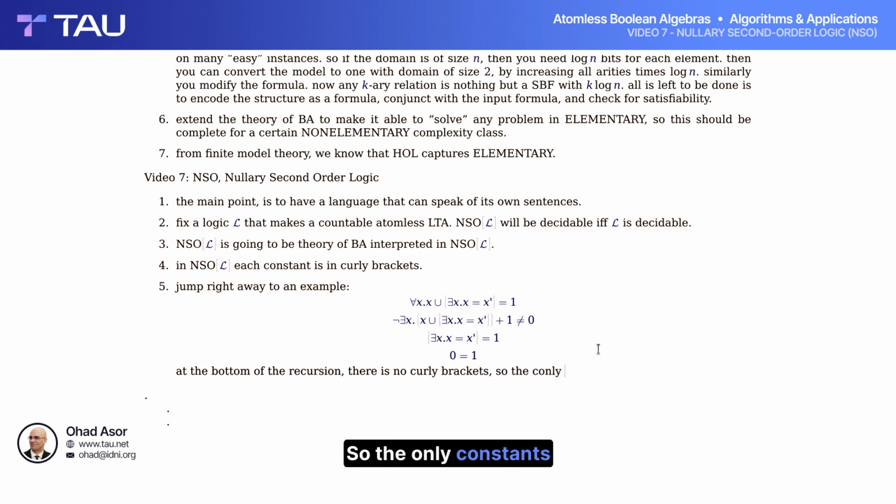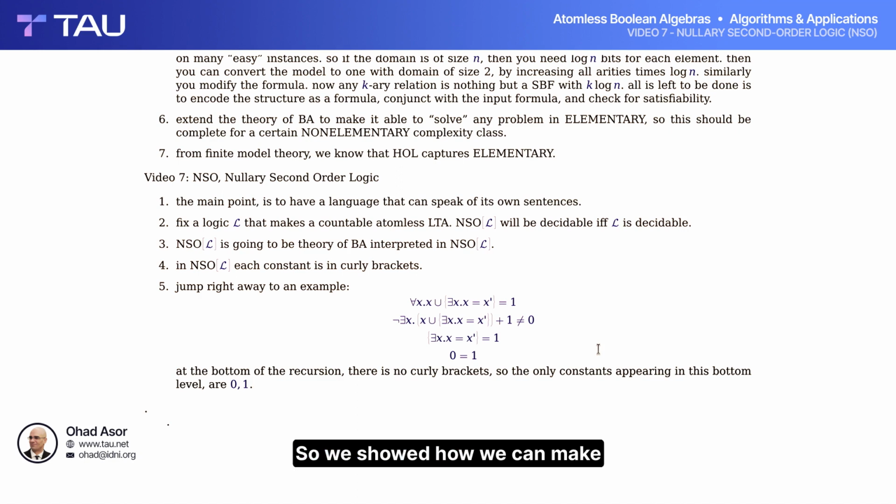So the only constants appearing in this bottom level are 0 and 1. And if you have a formula in the language of Atomless Boolean Algebra where all constants are simply 0 or 1, then either it's true in all Atomless Boolean Algebras or it's false in all Atomless Boolean Algebras, and that's where the recursion ends.